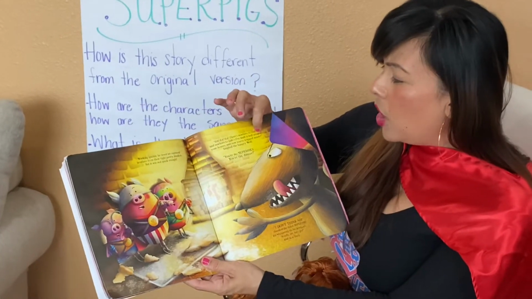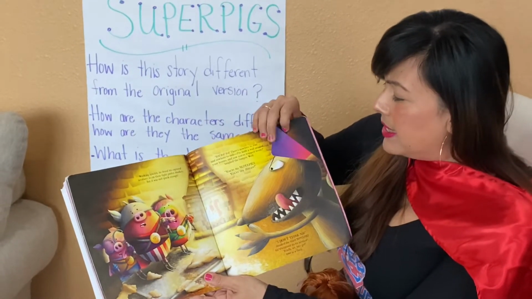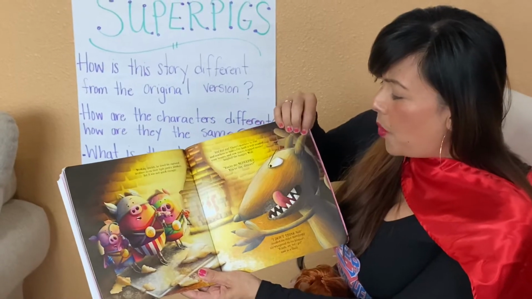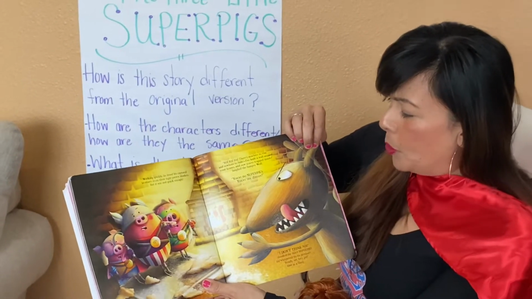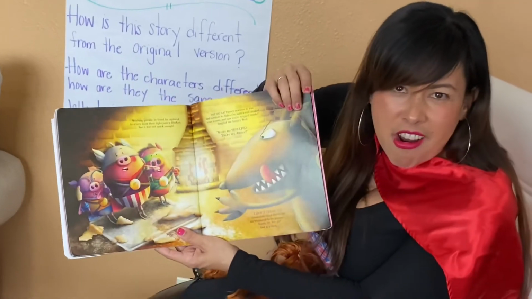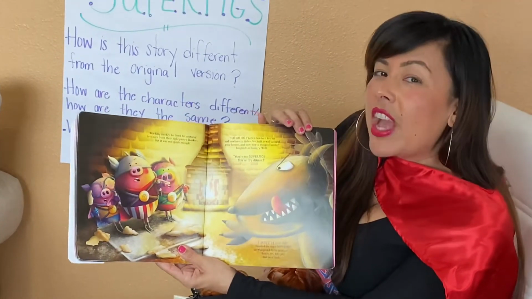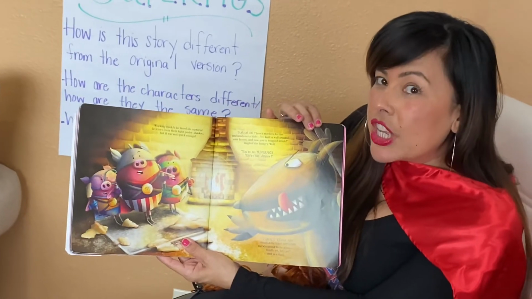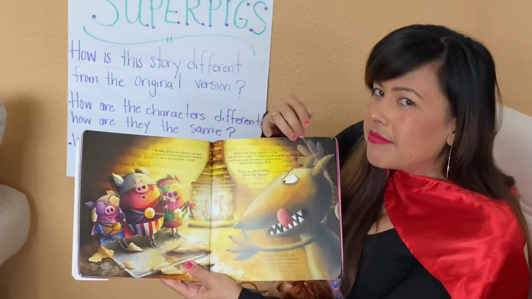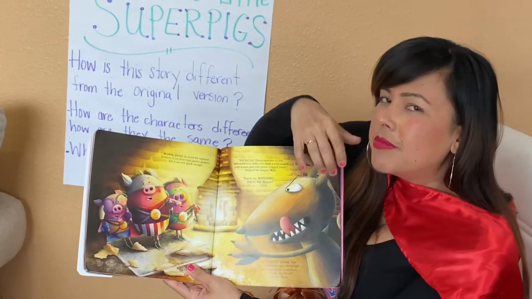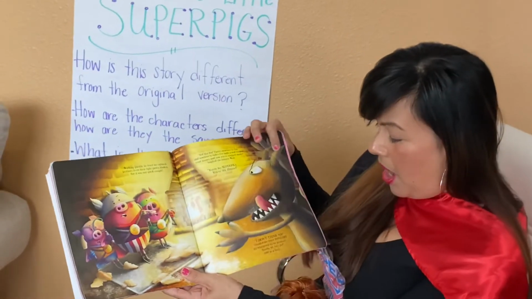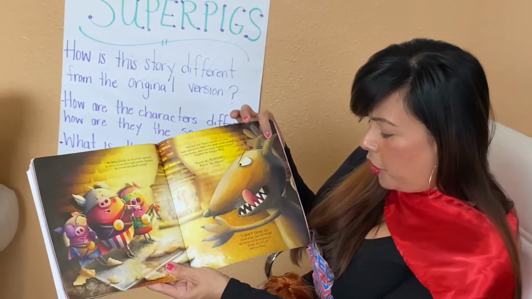I built a wall around your houses and now you're trapped inside," laughed the hungry wolf. "You're no super pigs, you're my dinner." So he wants to, what, boys and girls? If that's his dinner, he wants to, make an inference, eat them. "I don't think so," shouted the third super pig.